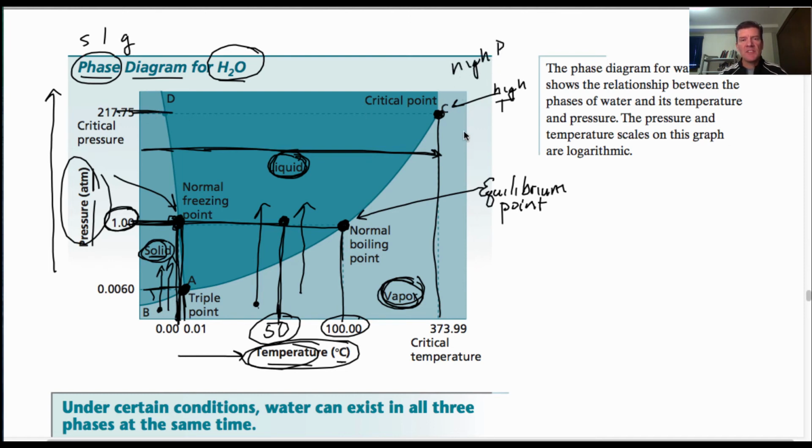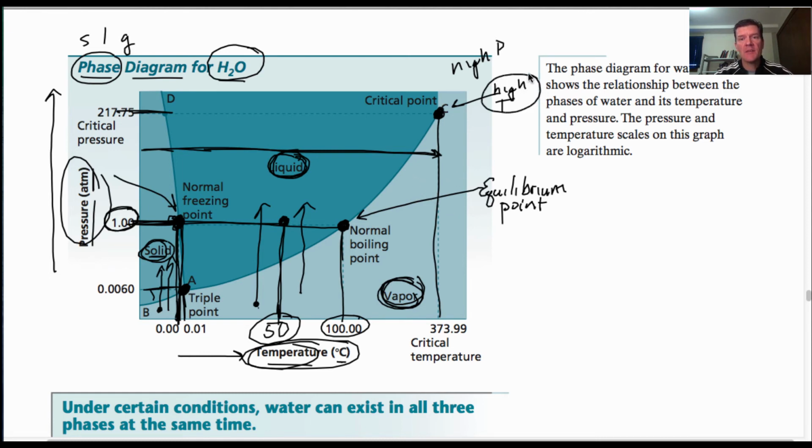If something is at a very high temperature, it's most likely a gas. But if you also put it under high pressure, you're pushing those particles close together, which is more likely to be like a liquid. So here at this critical point, it's not really distinguishable to say what you have. Do you have a gas or liquid?